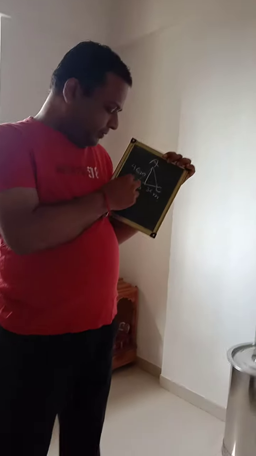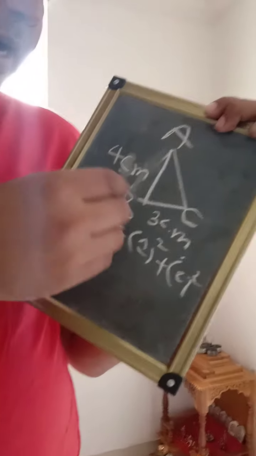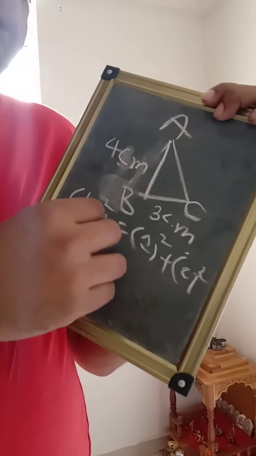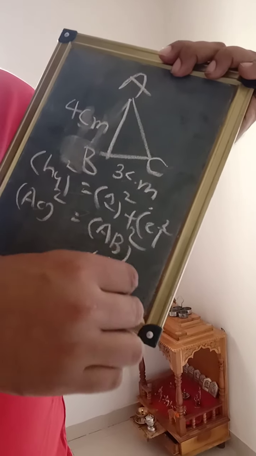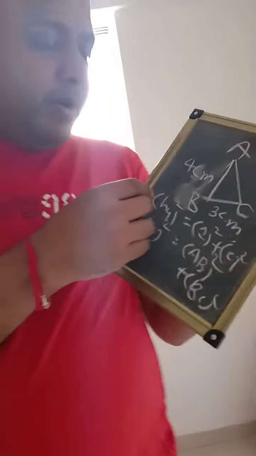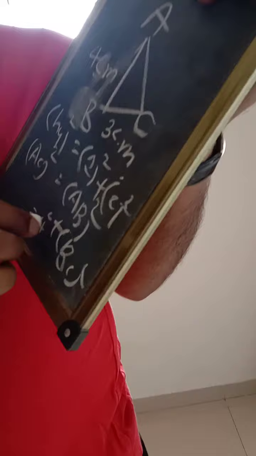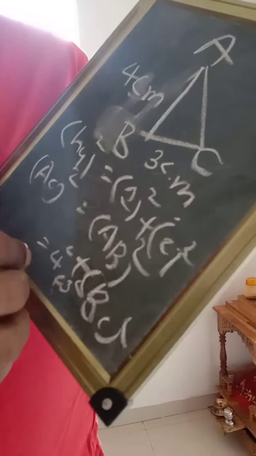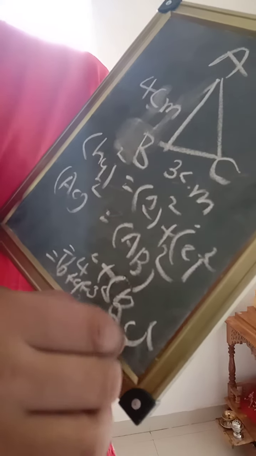AC is the hypotenuse, so we apply the Pythagoras theorem. Hypotenuse square equals first side square plus second side square. So AC square equals AB square plus BC square, which is 4 square plus 3 square, that is 16 plus 9 equals 25.